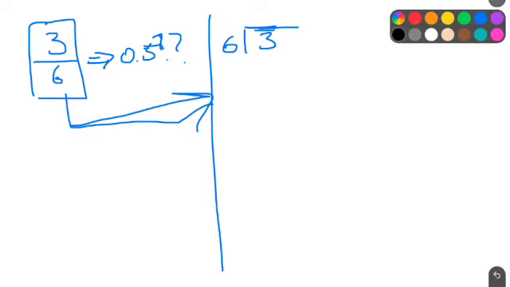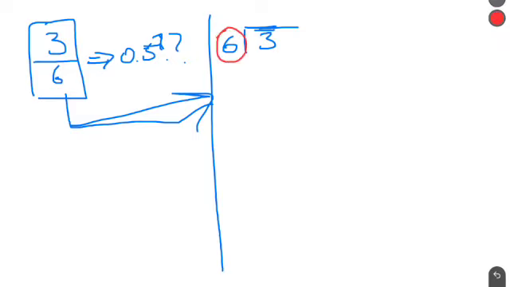We say, this number, the divisor, 6 times what number would give us 3 or less? It's very important that the number we find here gives us a product of 3 or less. It cannot be higher than this number here.